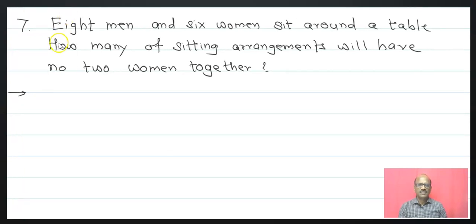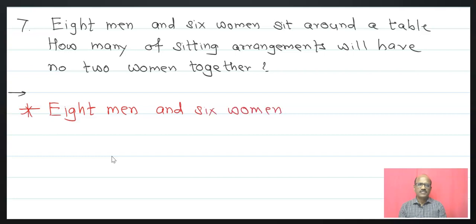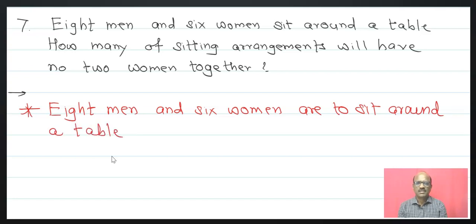Now the 8 men are there and 6 women. Therefore, the women should not sit together. See this here. 8 men and 6 women sit around a table.